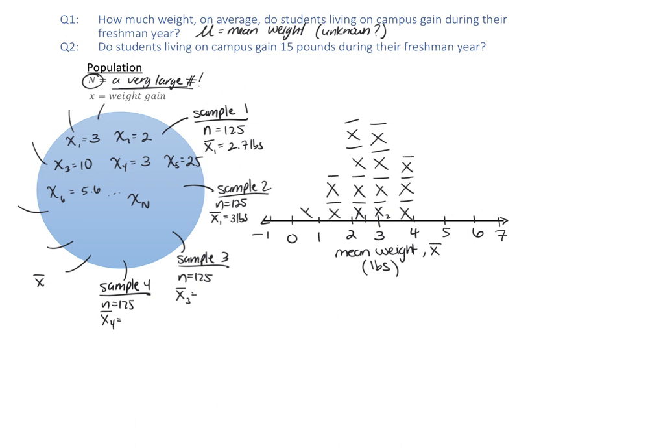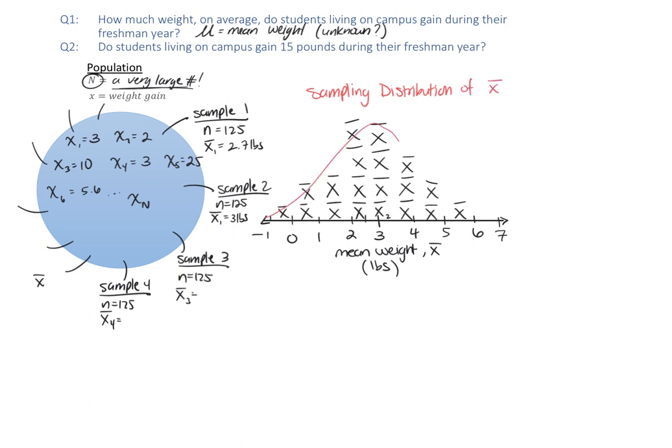Let me just draw a few more X bar values. What I have on the right hand side here is this sampling distribution, and this is a sampling distribution of sample means, so of X bar values.